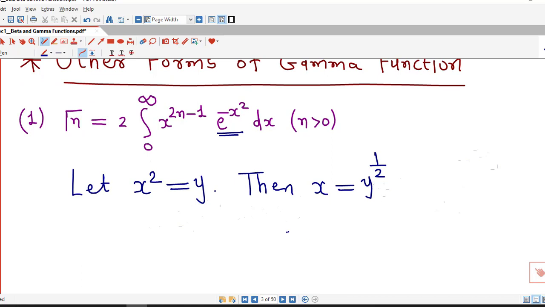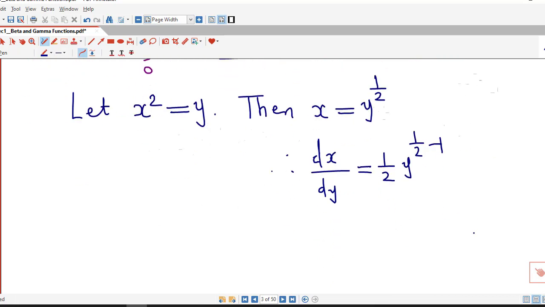Therefore dx by dy is nothing but 1/2 y raised to 1/2 minus 1. So we can replace dx by 1/2 times y raised to minus 1/2 dy.